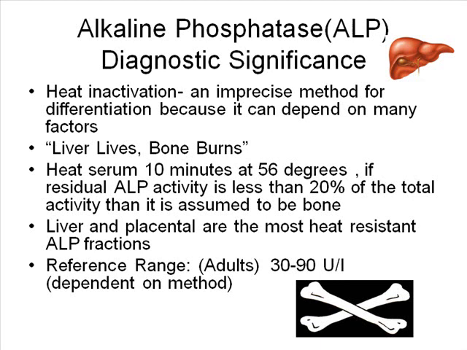Now remember, if you have a normal AST or ALT and an elevated ALP, chances are, where does that ALP come from? Nobody's listening. All right. If you have normal ALT, normal AST, elevated ALP. So bone, think about it. Look at the other two enzymes. They're normal.